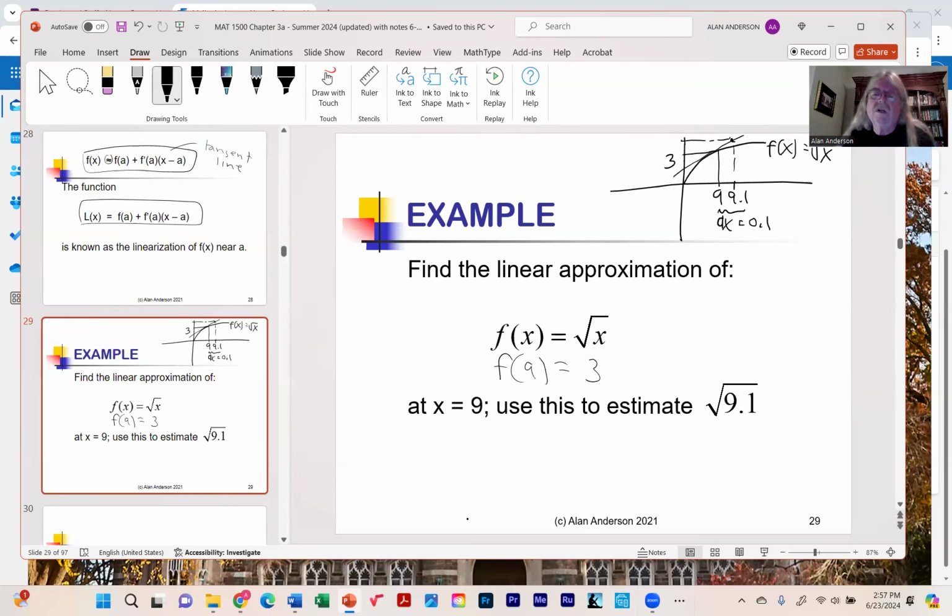So, of course, we need to know f prime of x, and here's our old friend, the power rule. Remember, the square root is just another name for x to the 1/2 power. So n is 1/2.